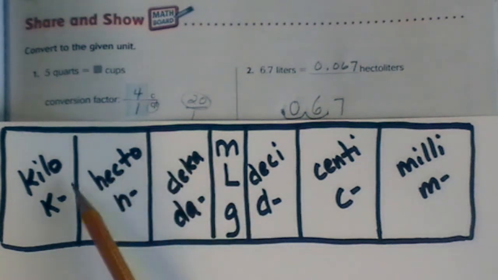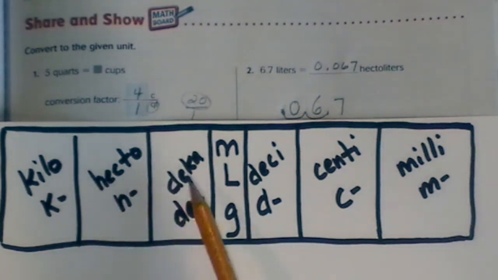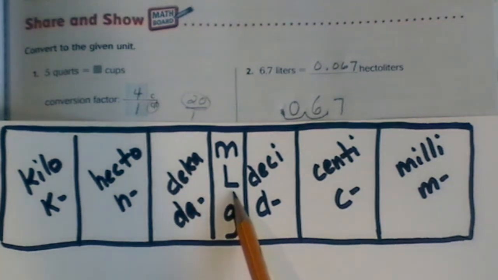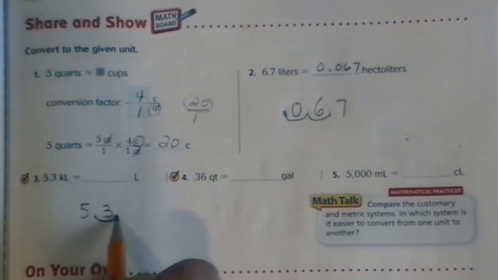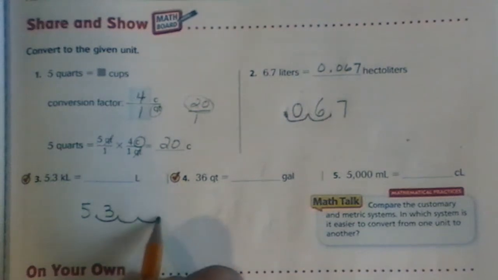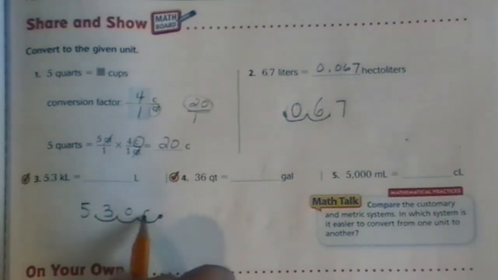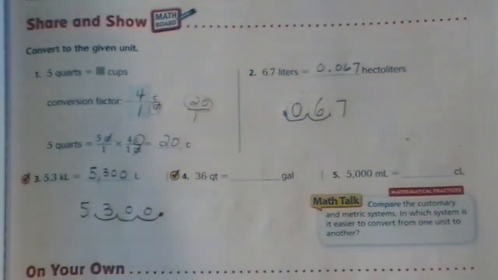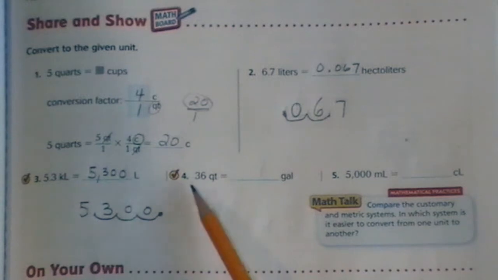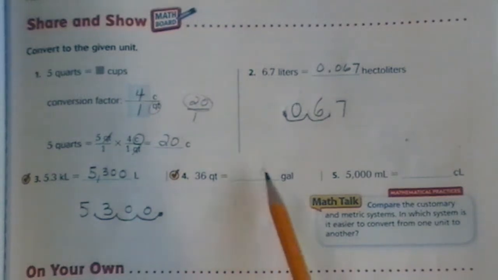So I'm going to move how many spaces to the right? 1, 2, 3. So that's exactly what I'm going to do with my problem. I've got 5.3 here, and I'm going to move my decimal point 3 places to the right. 1, 2, 3. And my number is 5,300 liters.